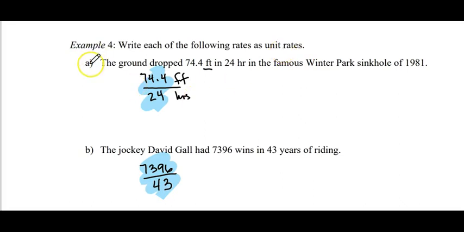Okay, so part A, we found our rate. And to find the unit rate, you have to divide 74.4 by 24. 74.4 divided by 24, so as a unit rate, is going to be 3.1 feet per 1 hour.